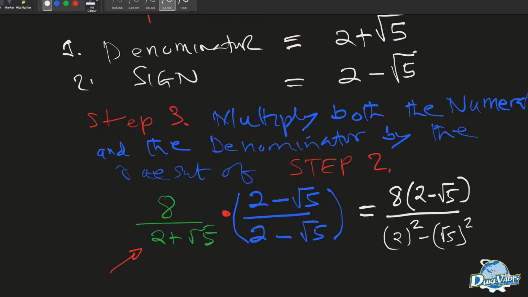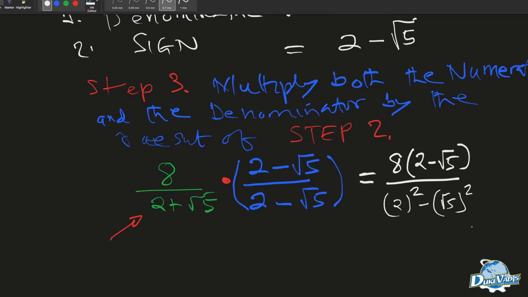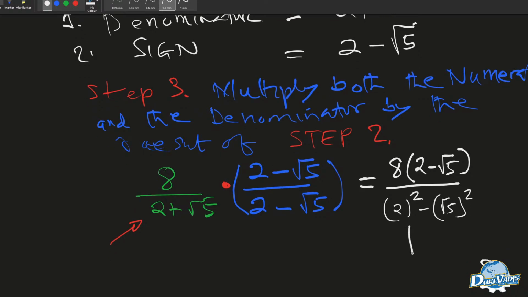Why am I saying that? I've put the expression this way because of what we learned earlier: this method of difference of two squares will always help us when we're doing our rationalization.